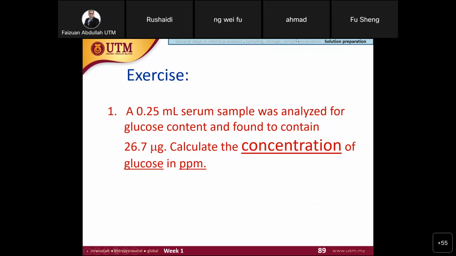So how much is it? How many ppm? Concentration of glucose. Do you understand? Simple one, right? How many ppm of glucose in the serum sample?